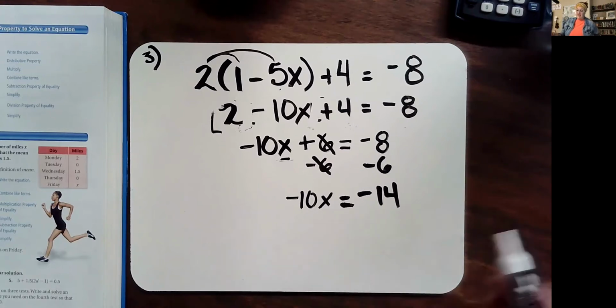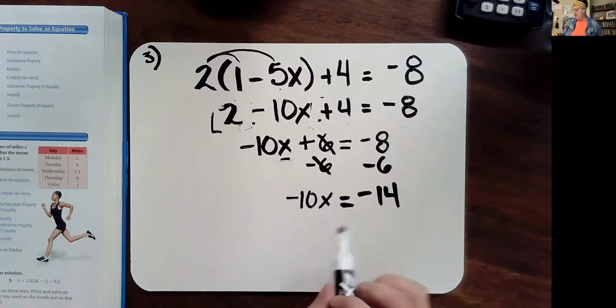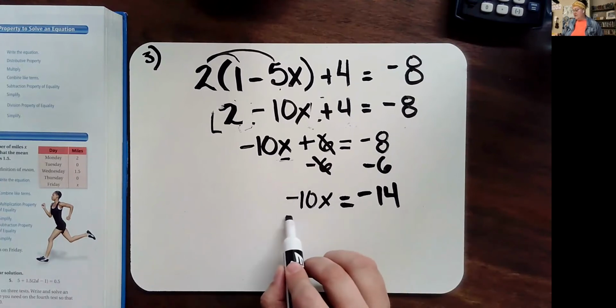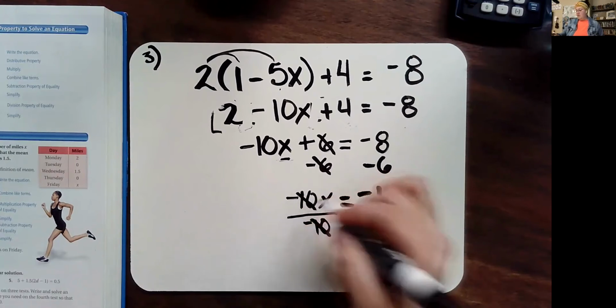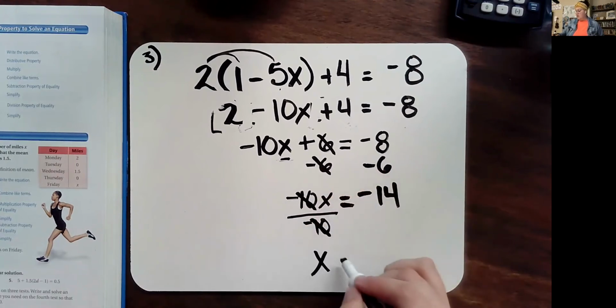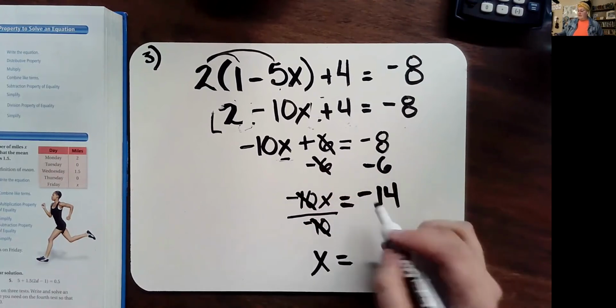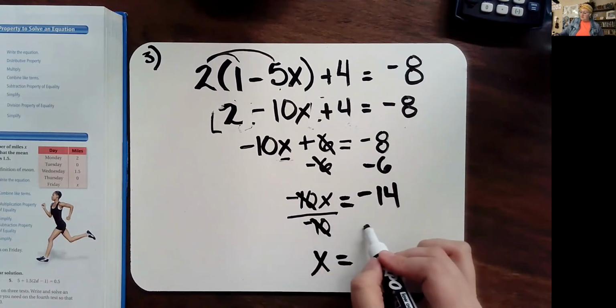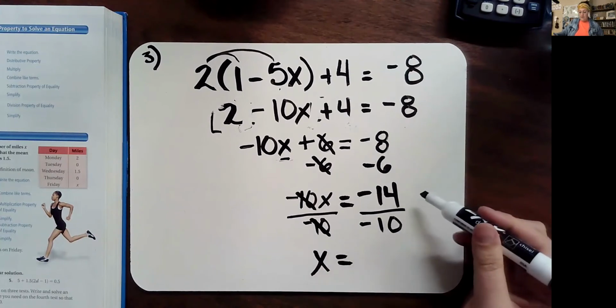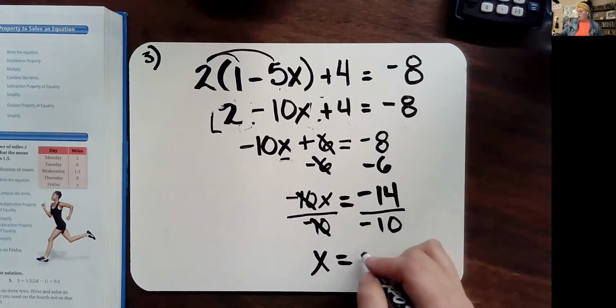So we can get rid of our -10 and get that x all alone by doing the inverse operation. So we're dividing by -10. That will cancel out our 10 over here. We've got our x all alone. And then the -10 that we divided by over here, we have to mirror over here. So we're dividing by -10. And -14 divided by -10 is 1.4.